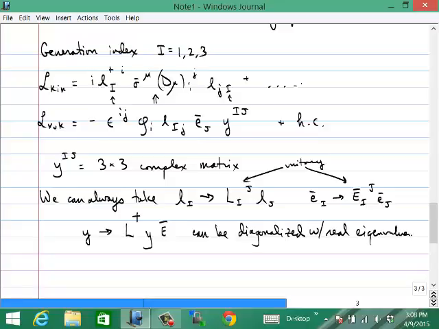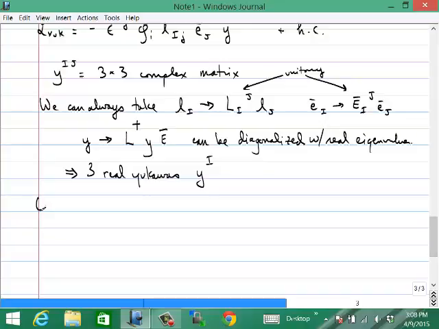That means by making a convenient change of basis, we only have 3 real Yukawa couplings, 1 for each generation. One that gives the mass to the electron, 1 that gives the mass to the muon, and 1 that gives the mass to the tau. Nothing too complicated going on here.